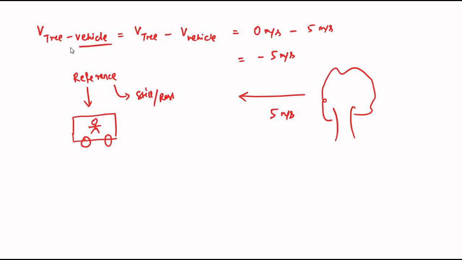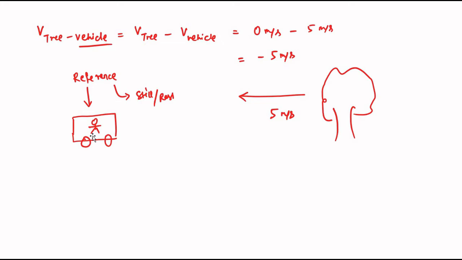When we calculate the relative velocity of the tree with respect to the vehicle, we visualize the vehicle as the reference, as if it is still. If we sit inside the vehicle and look outside, it appears as if the nearby trees, buildings and shops are approaching us and passing by while the vehicle is still.